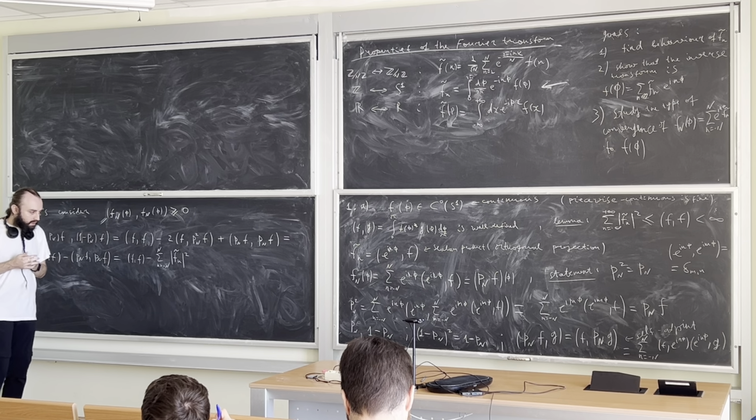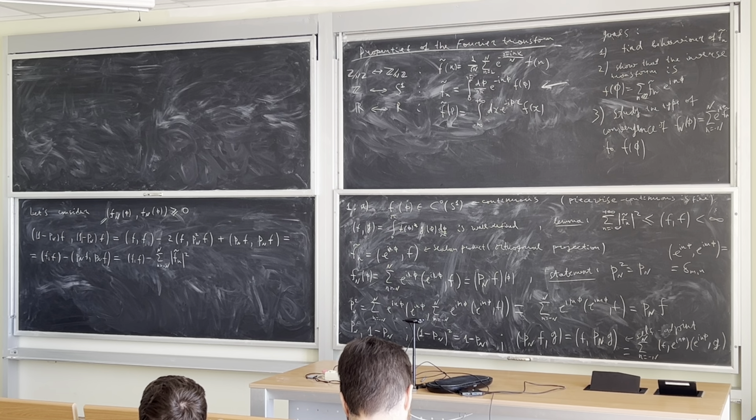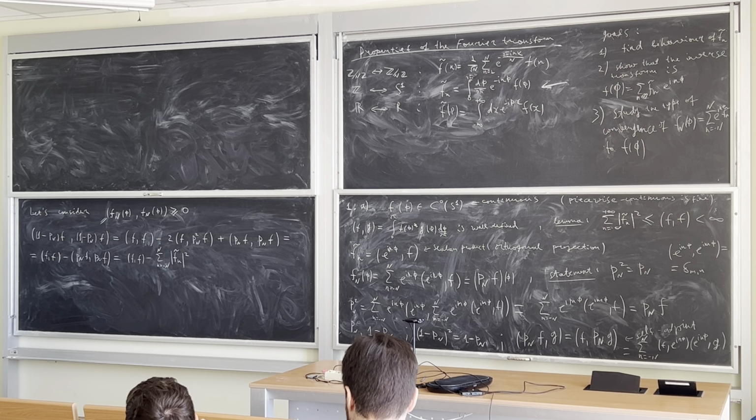We wrote f_n times f_n under the product, and that is equal to 1 minus P_n. So maybe we just start from 1 minus P_n f, 1 minus P_n f, and that's greater or equal than 0, and then follow.